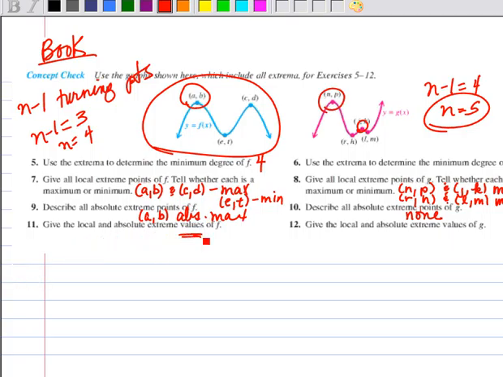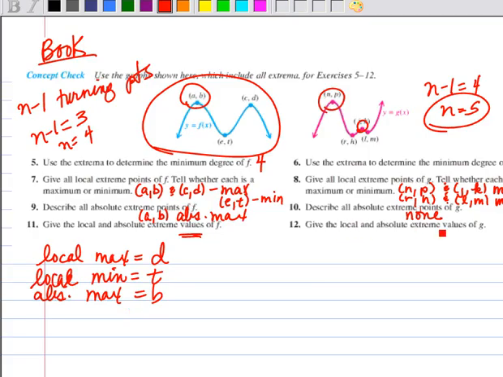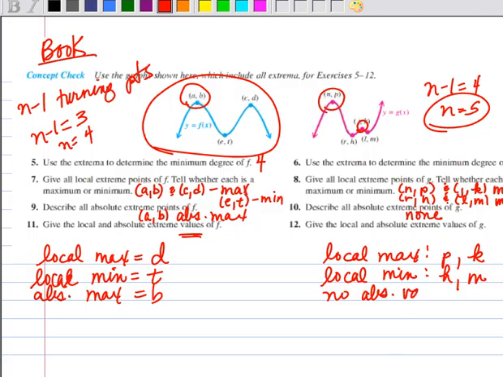So the local max would be D. The local min would be T, and the absolute max would be B. The local and extreme values of G, so the local max would be P and K, and the local min would be H and M, and there are no absolute extreme values. Well, if I could spell this right, sorry about that, extrema.